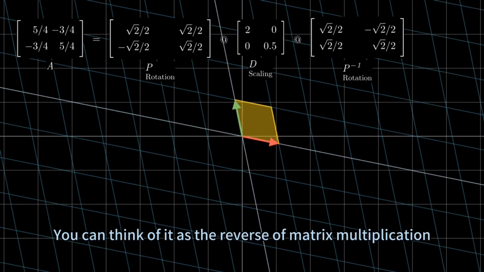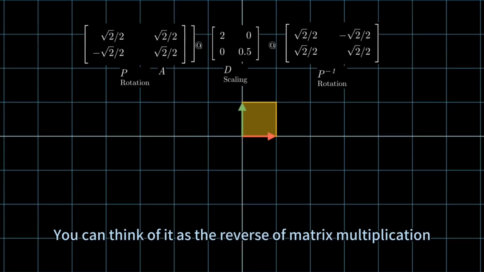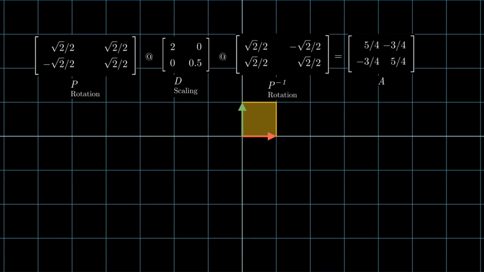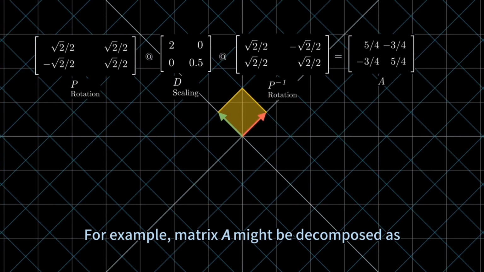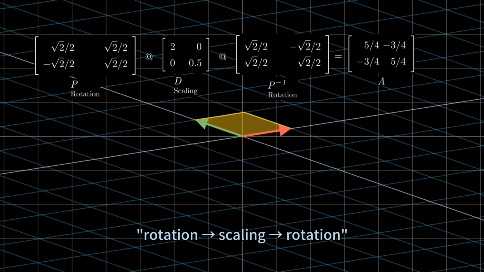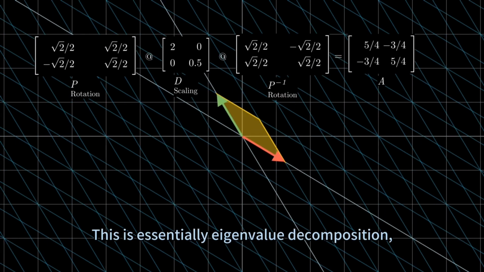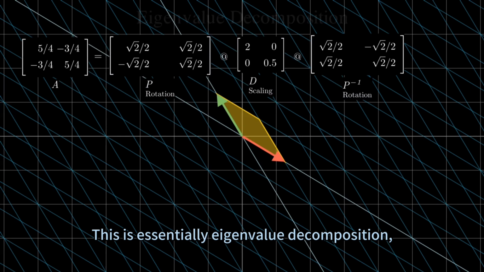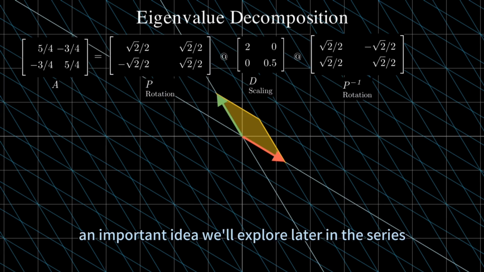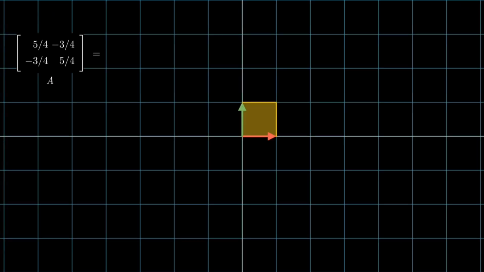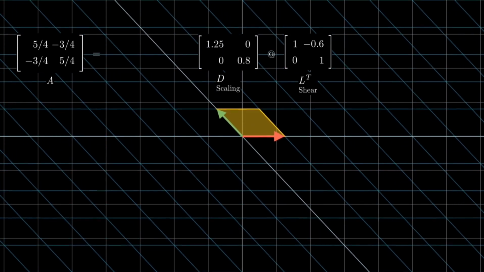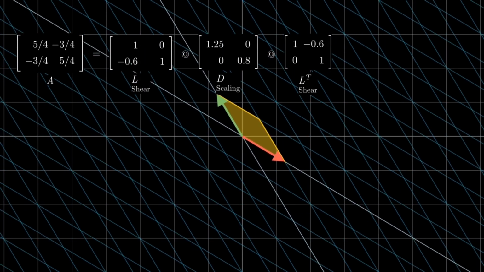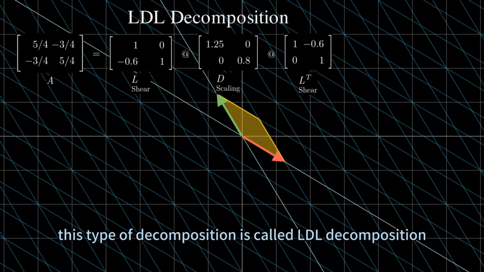You can think of it as the reverse of matrix multiplication. For example, matrix A might be decomposed as rotation, scaling, then rotation. This is essentially eigenvalue decomposition, an important idea we'll explore later in the series. Or we might decompose matrix A as shear, scale, then shear. This type of decomposition is called LDL decomposition.